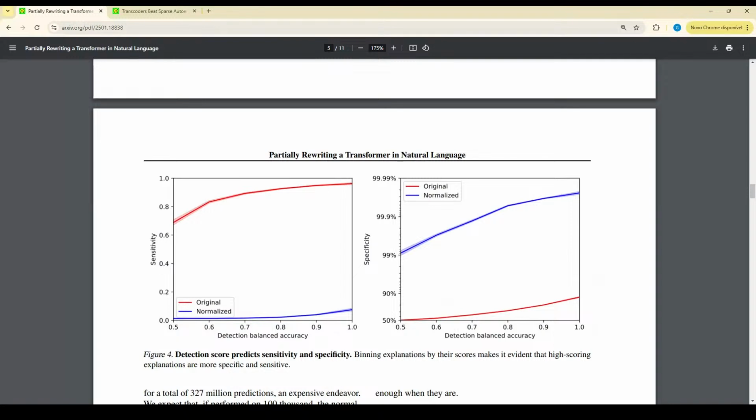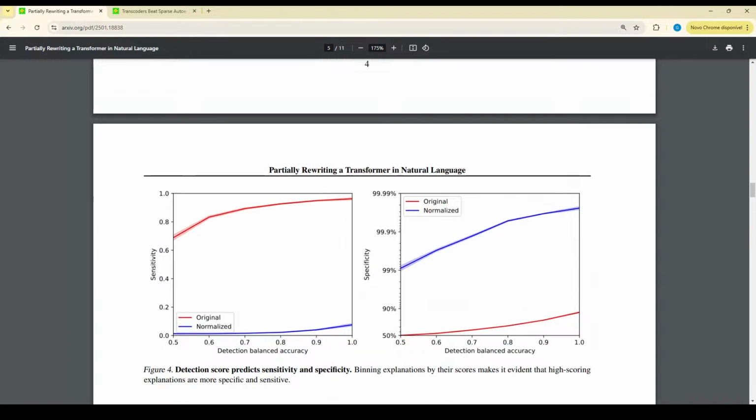It doesn't only matter that your explanation can correctly predict that the latent is active or not. It should also be able to predict when it is not active, and it's much more important to predict when it's not active than it is to predict when it is active, just because of how infrequent it is.